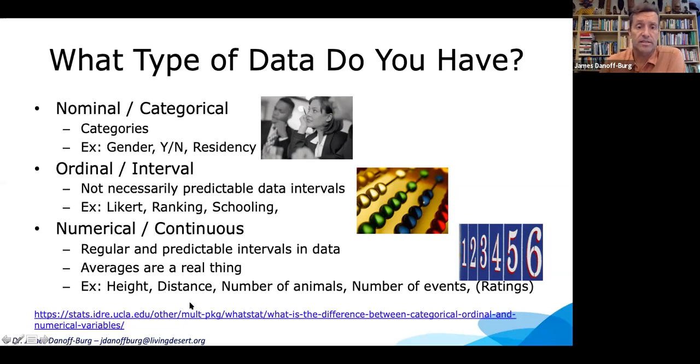There's a great website available at the bottom of the screen here from the University of California, Los Angeles, which is what UCLA stands for, that has a really nice description between categorical, ordinal, and numerical variables. So check out that website. It'll go through in great detail talking about all of this.